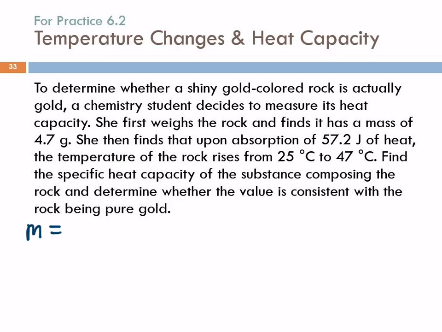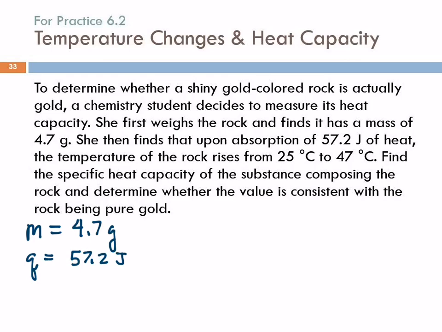Mass equals 4.7 grams. She then finds that upon absorption of 57.2 joules of heat, what letter do we use to represent heat? Q. So it's absorbing, is that positive or negative? Positive. So 57.2 joules.